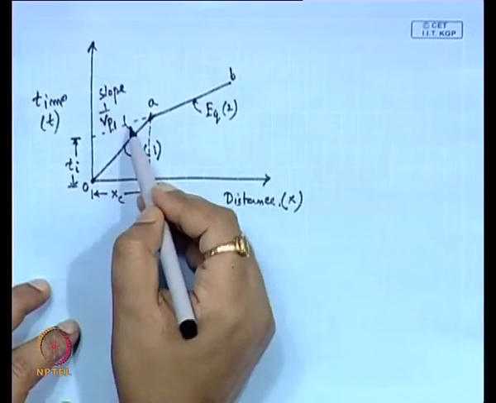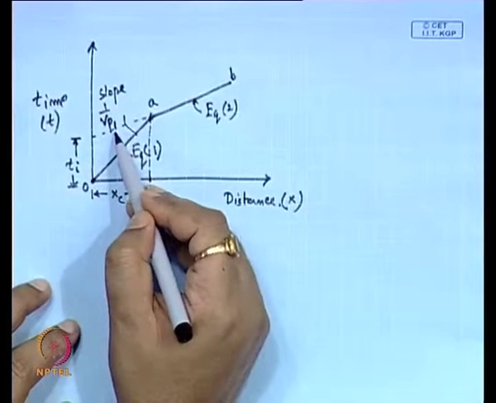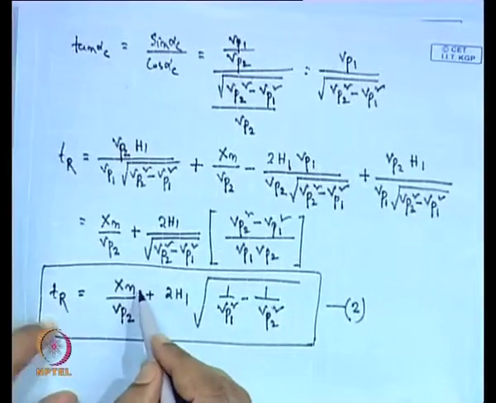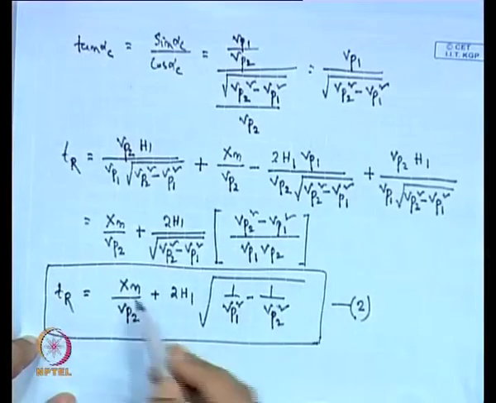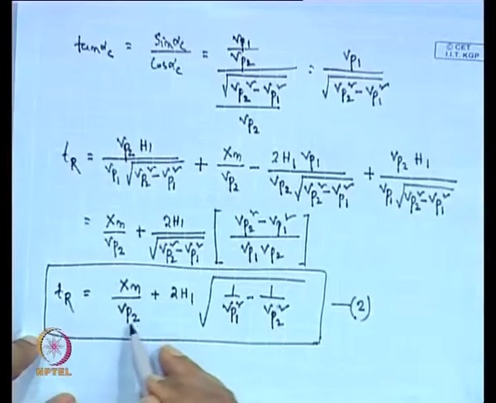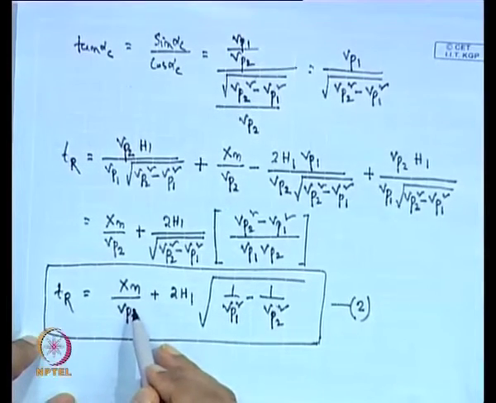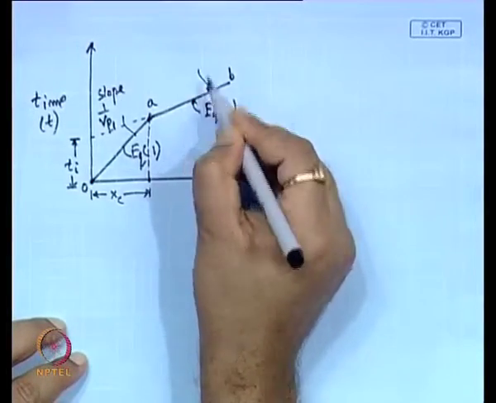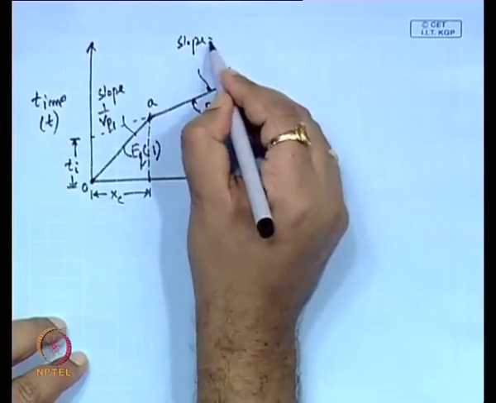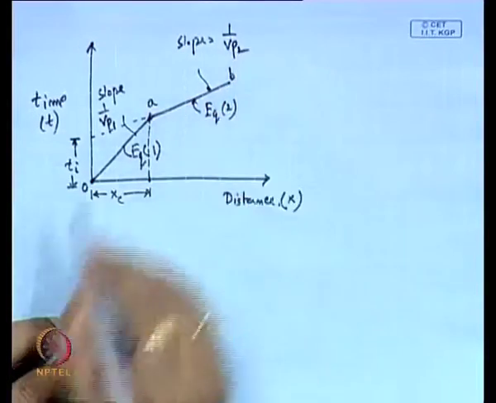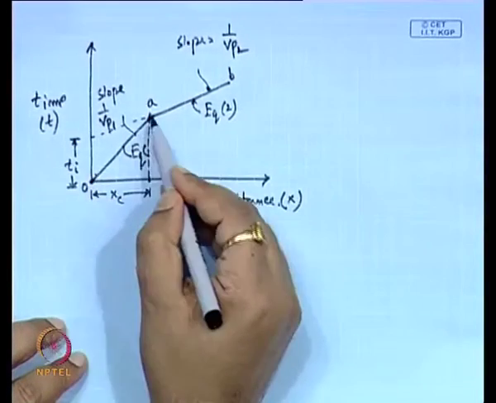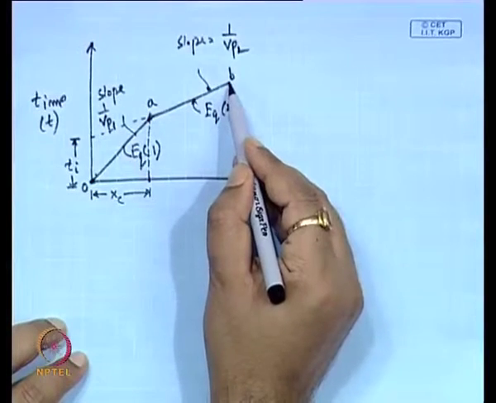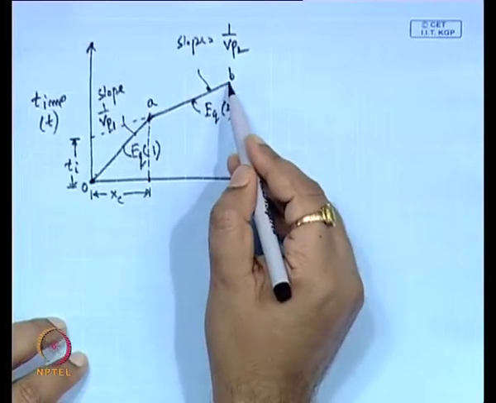Similarly, the slope of the second graph, that is, expression 2, will give us 1 by V_p2. So the slope of the first portion gives 1 by V_p1, and the slope of the second portion gives 1 by V_p2.